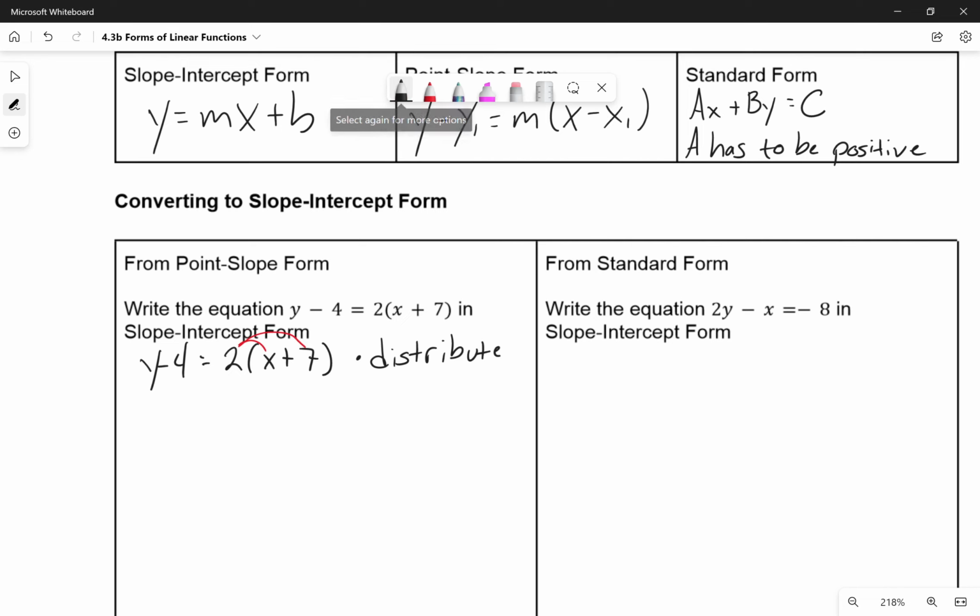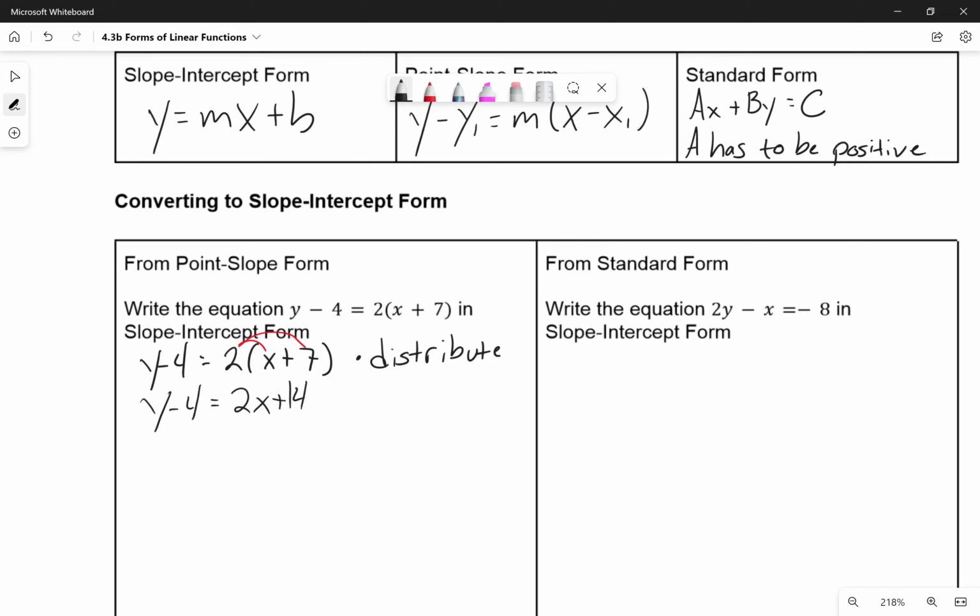When you do the distributive property, you are multiplying inside the parentheses. So we're going to have y minus 4, bring everything that we have not used before, and now we're going to distribute. And we'll have 2x plus 14.